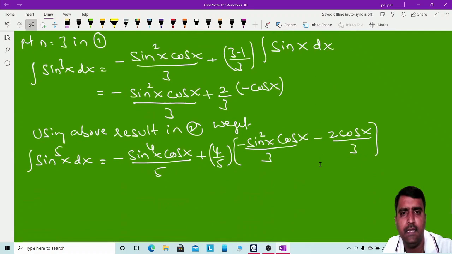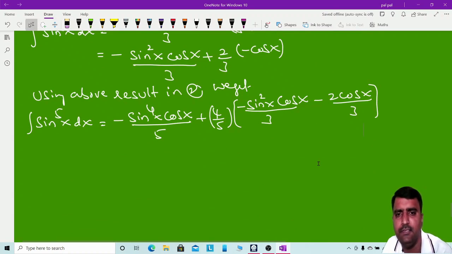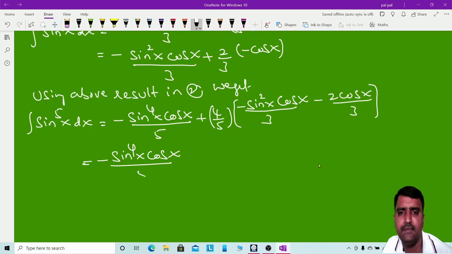Okay. Now the final value: integration of sine to the power 5x is equal to minus sine to the power 4x cos x divided by 5, and this is minus 4 sine square x cos x divided by 5 3s are 15, minus 4 2s are 8, 8 cos x by 5 3s are 15.